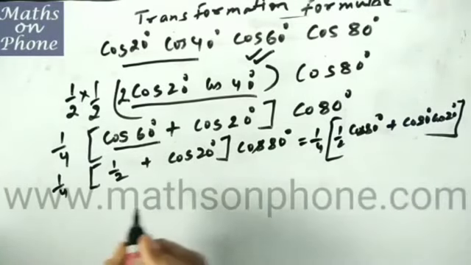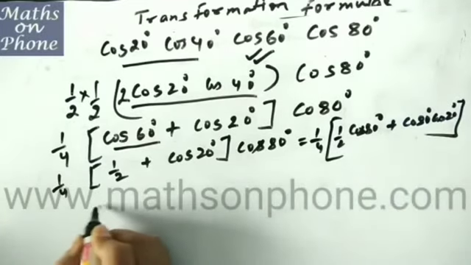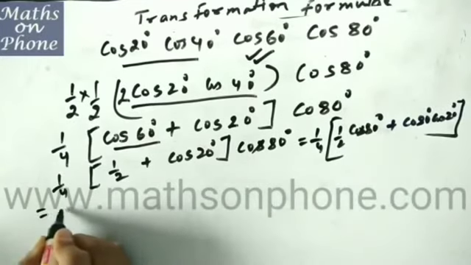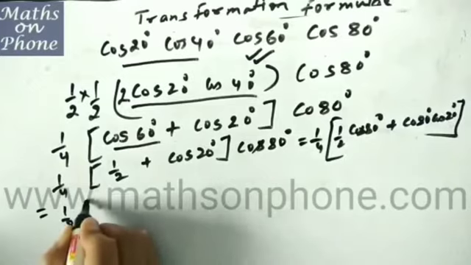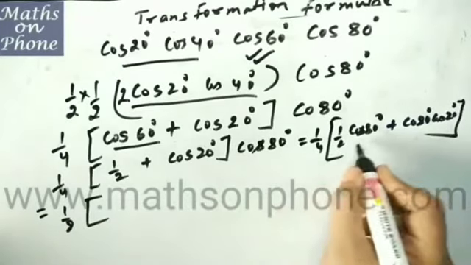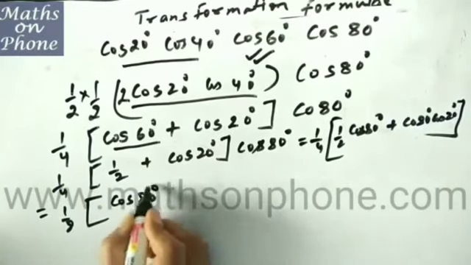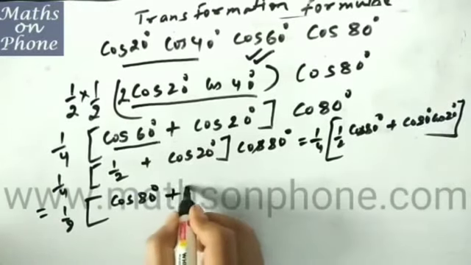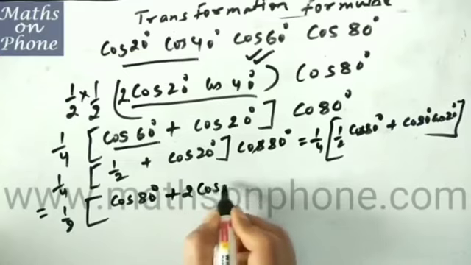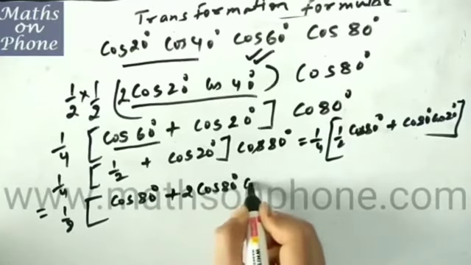or you can take the 2 as LCM and 2 is taken outside, it will come out to be 1 by 8, and here it is coming out to be cos 80 degree as it is plus 2 cos A into cos B, cos 80 into cos 20.